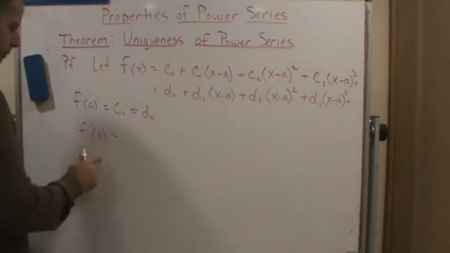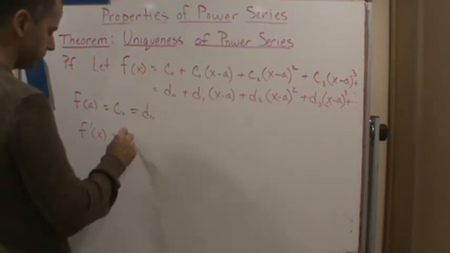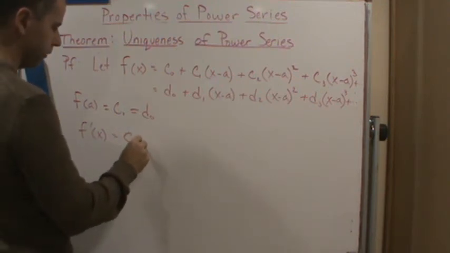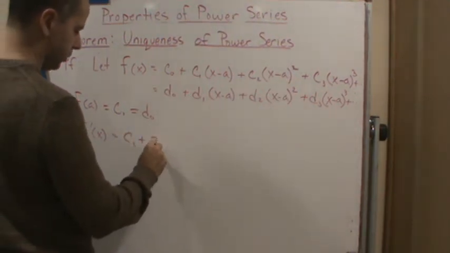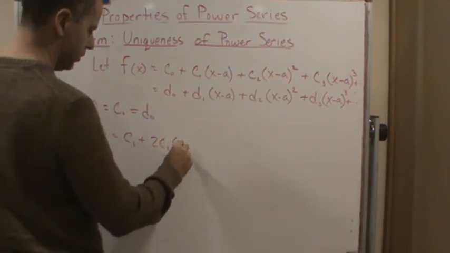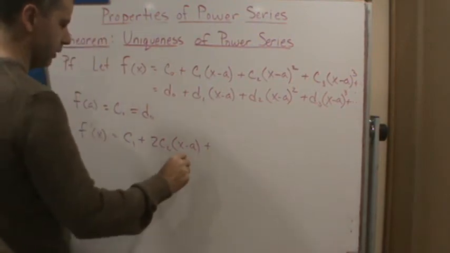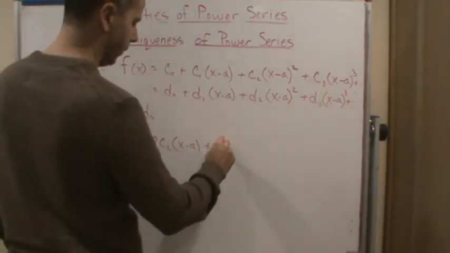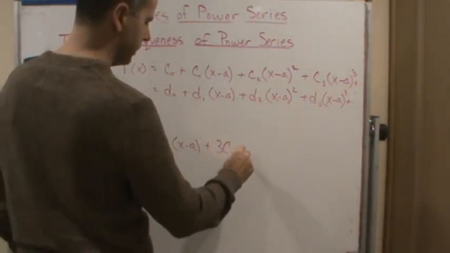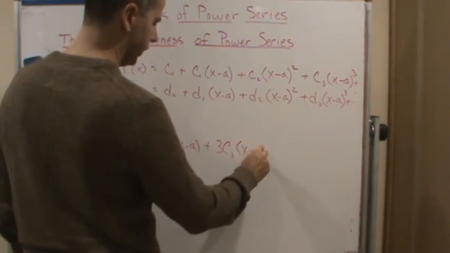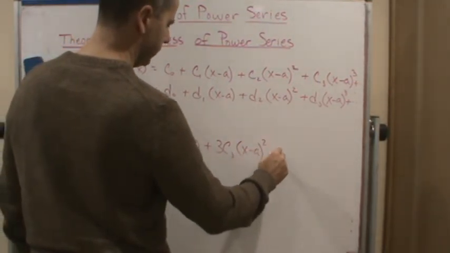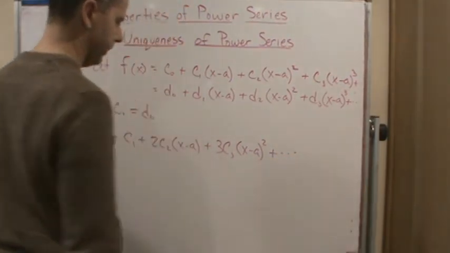And so I get f prime of x equals c1 plus 2 c2 times x minus a plus 3 c3 times x minus a squared, and so on.